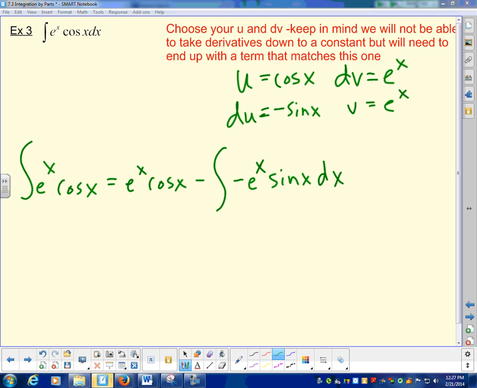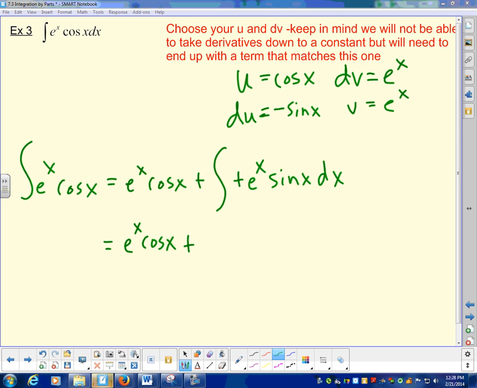So it doesn't match that yet. So we're going to have to do another iteration here. I think I will go ahead and change my signs over. So we have e to the x cosine x plus.